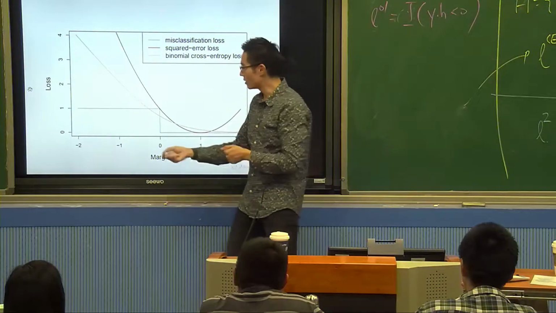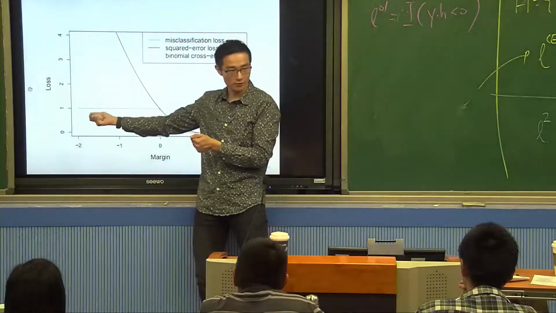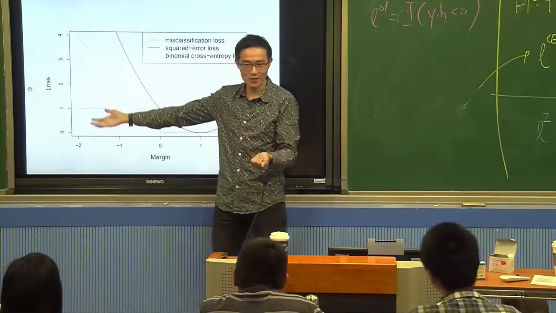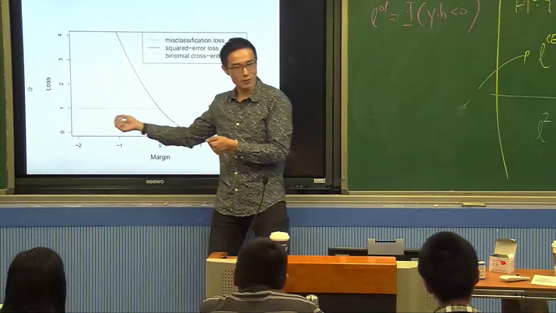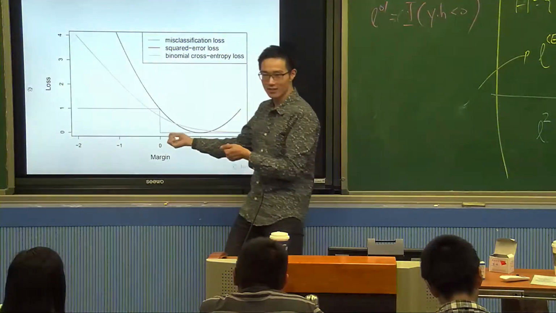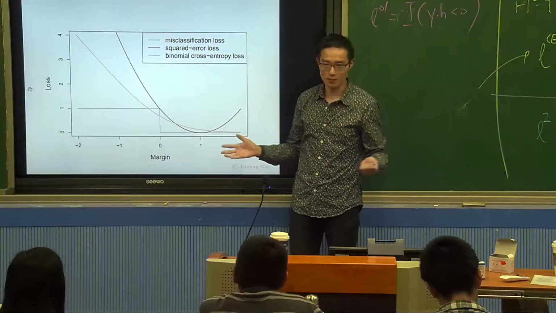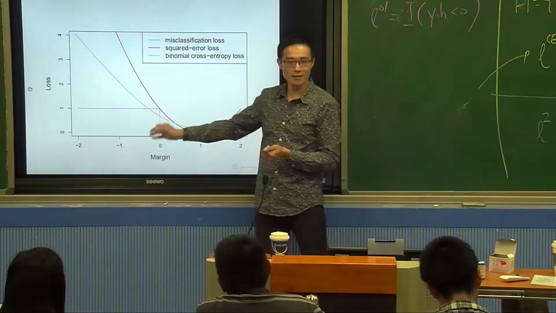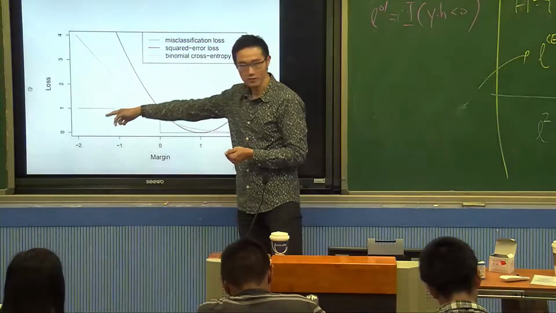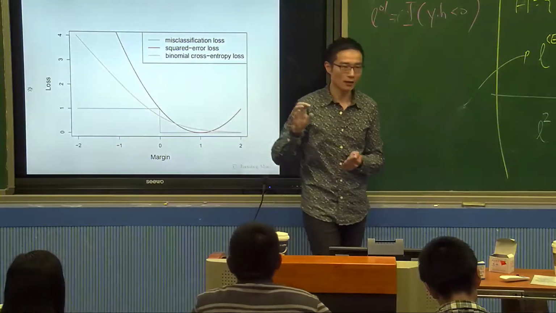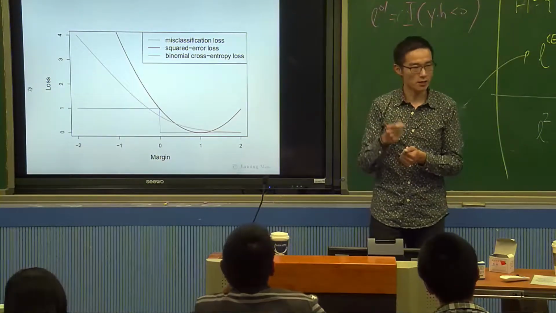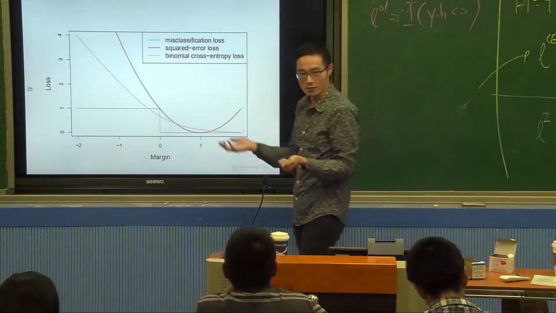And second of all, it's constant everywhere else, so the derivative is 0. It's everywhere 0 derivative, constant, discontinuous, constant. So minimizing this loss function is almost impossible. That's why the perceptron is not that used.